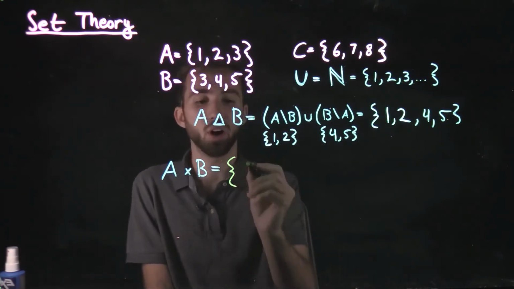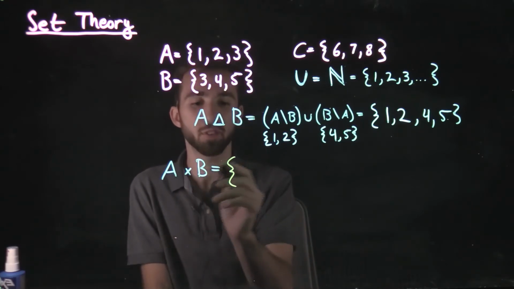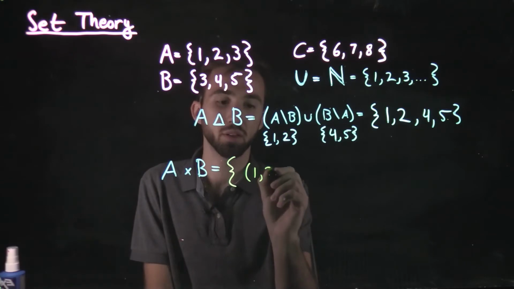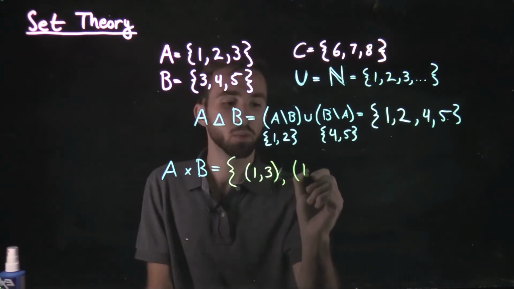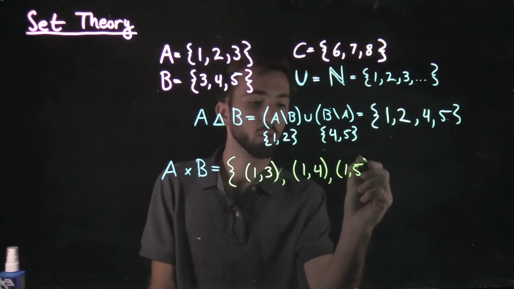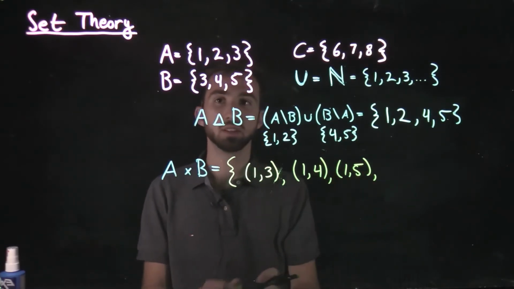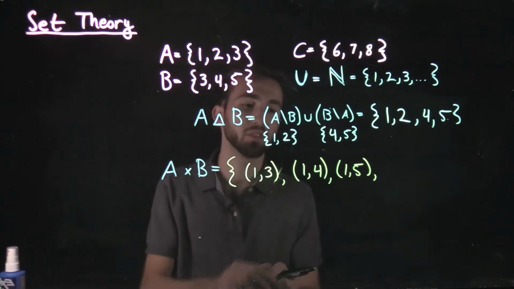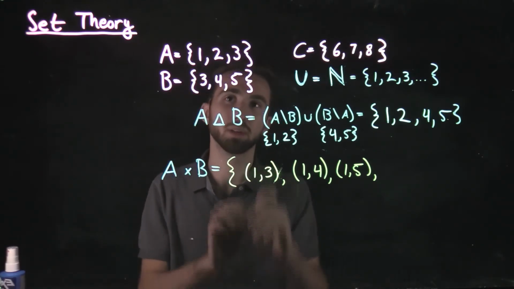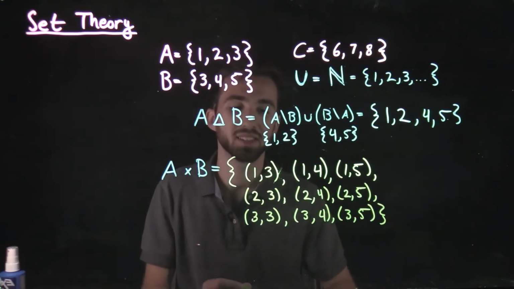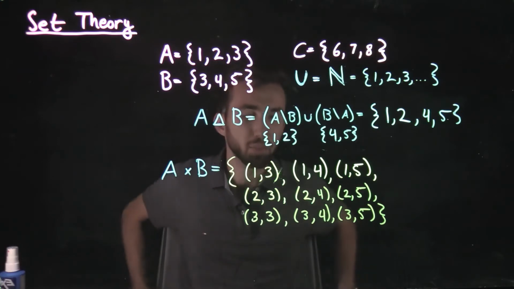But all ordered pairs, and since it's A first, then B, it's going to be from A, so it's (1, 3), (1, 4), (1, 5). So as you see, we're pairing up 1 with 3, 1 with 4, 1 with 5. And now we're going to do the same thing, but now for 2, and then again for 3. Boom. And just like that, we have all possible pairs.